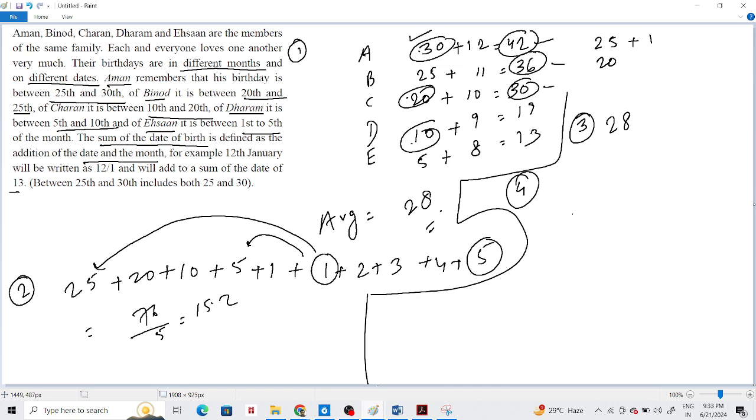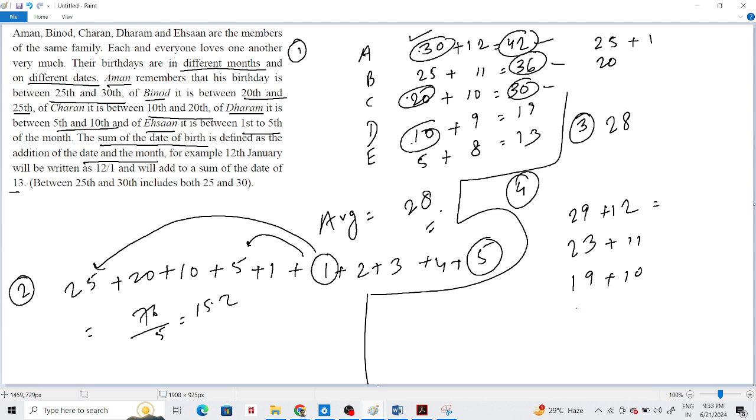Okay, so 30 will change to 29 plus 12. Okay, 25 is not a prime number, so 25 will change to 23 plus 11. 20 will change to 19 plus 10.